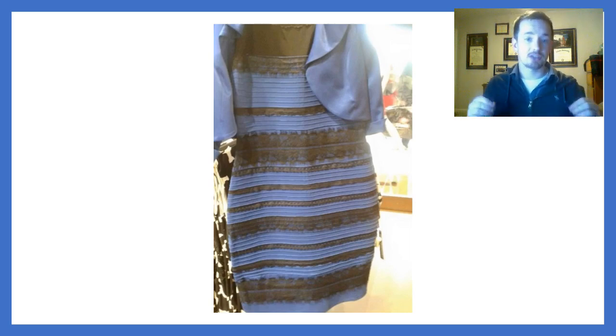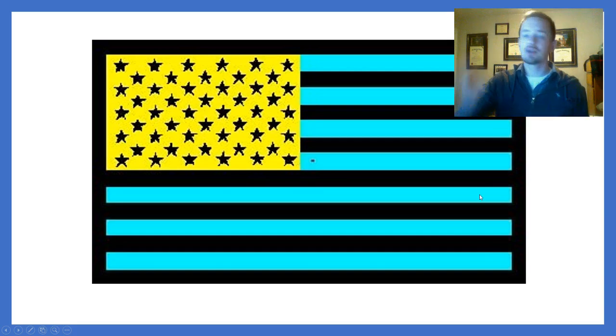Which is it actually? I'm not going to tell you, and I'm not going to tell you why some people perceive it differently. I will tell you in 5 weeks' time, so be sure to stay enrolled in the class, and I'll explain why this dress appears different colors for different people.